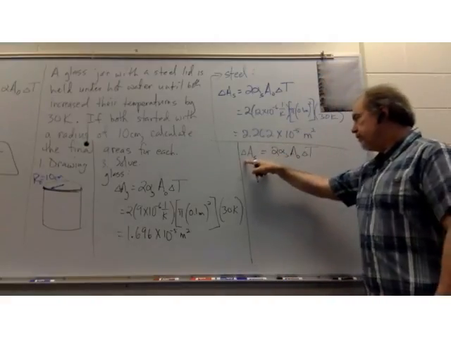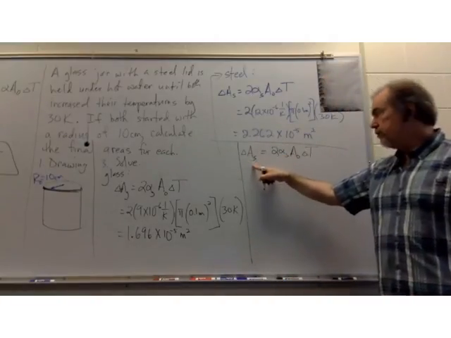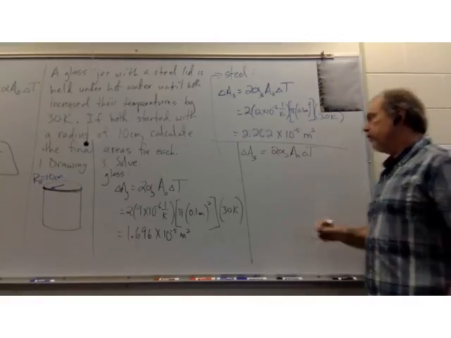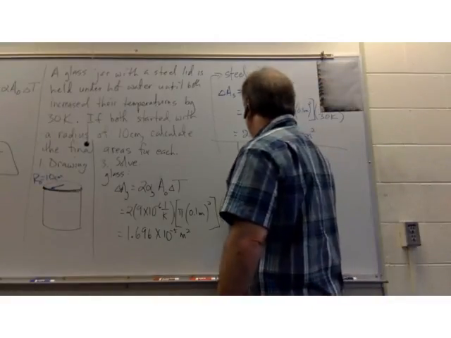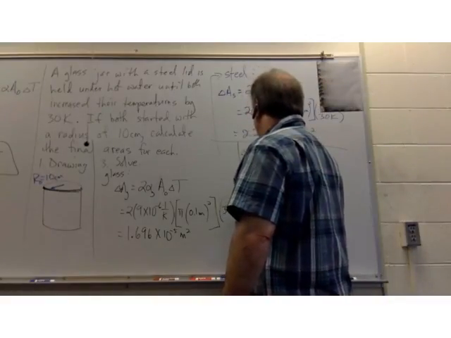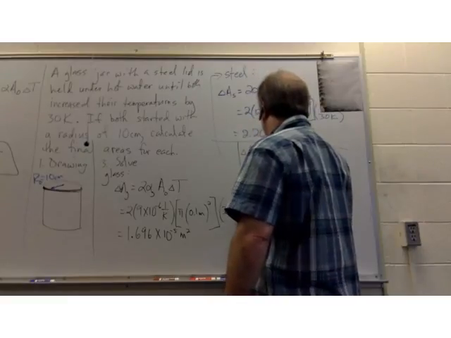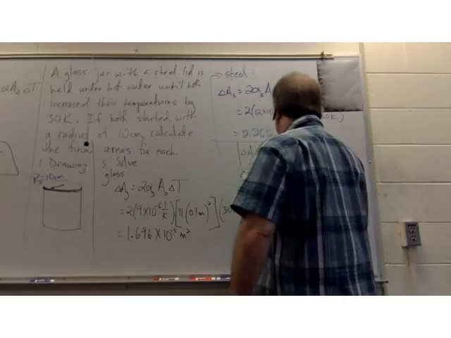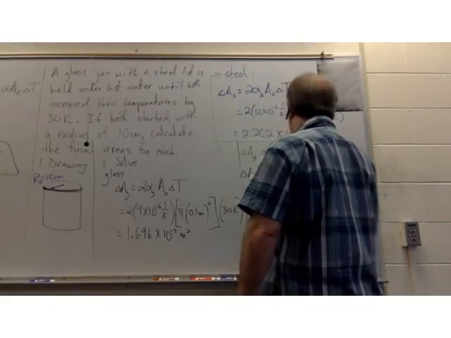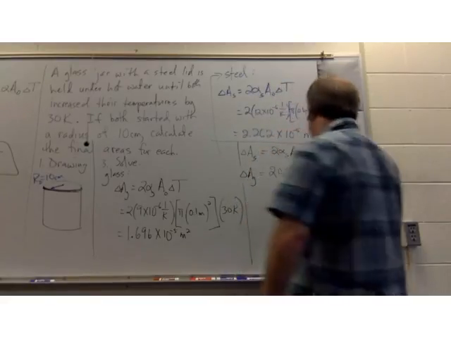Okay, so the change in area of the steel lid is calculated this way, whereas the change in the area for the glass jar, the opening of where the lid goes, is 2 times alpha sub G times A naught times delta T.